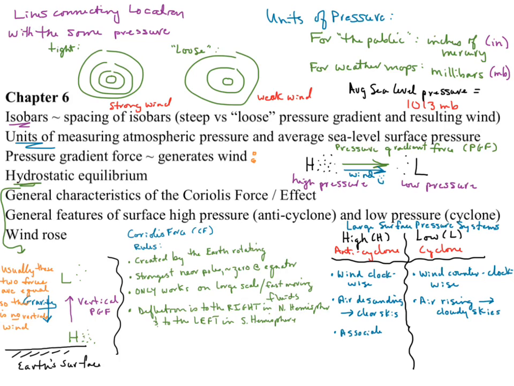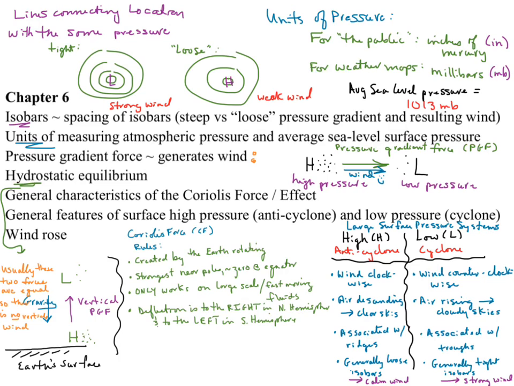In the center of a high, the air is descending or moving down, and that descending air creates nice dry air. Around a central low, that air is ascending or rising. One of the things we've talked about earlier is that rising air will expand and cool, and so you can oftentimes get cloudiness associated with those central lows, those cyclones.